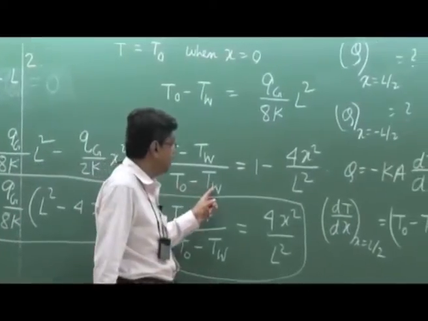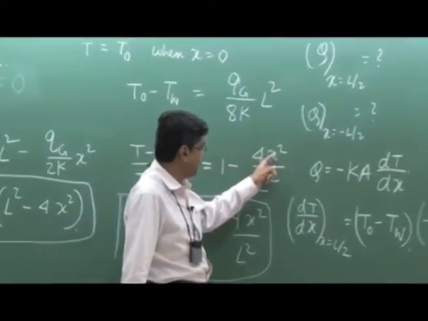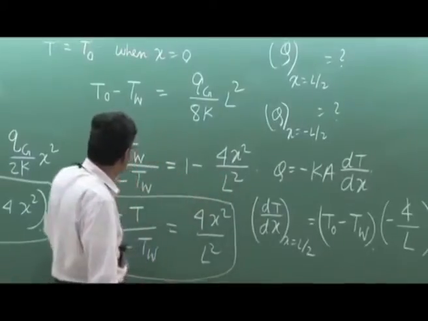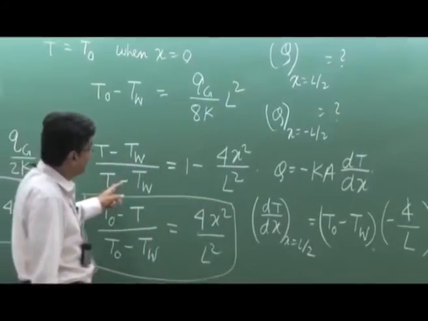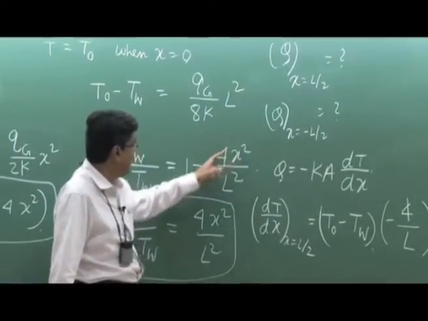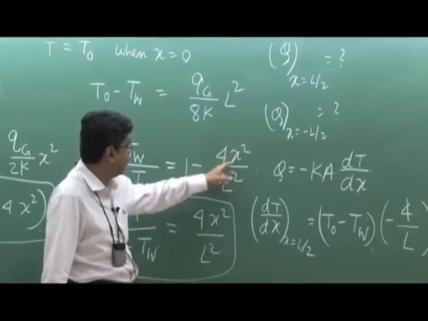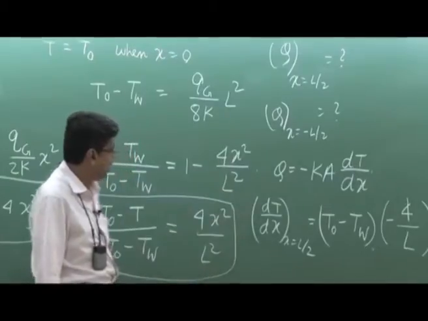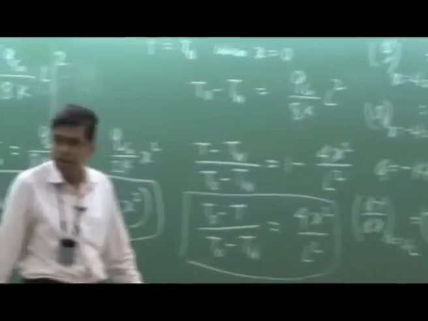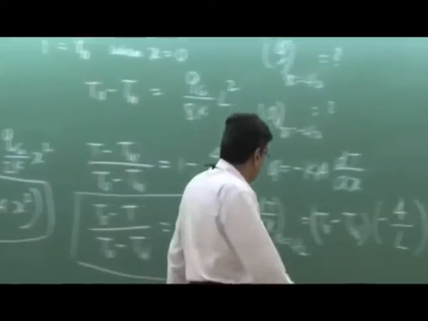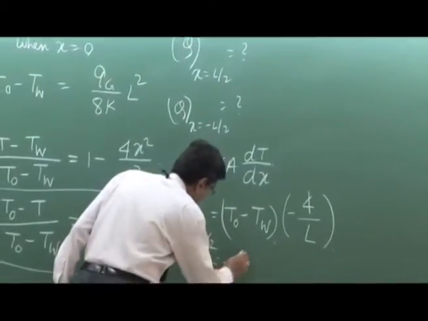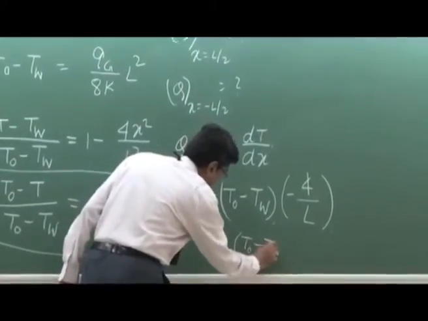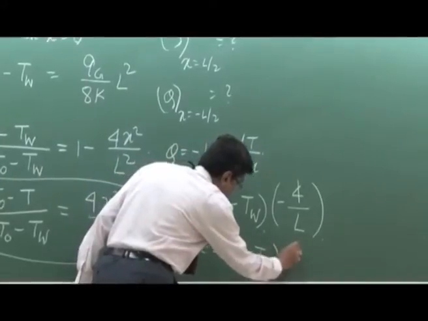T minus Tw divided by T0 minus Tw is 1 minus 4x square by L square. So therefore dt dx will be T0 minus Tw into minus 8x by L square, at x equal to L by 2, that means minus 4 by L. That means minus T0 minus Tw into 4 by L.